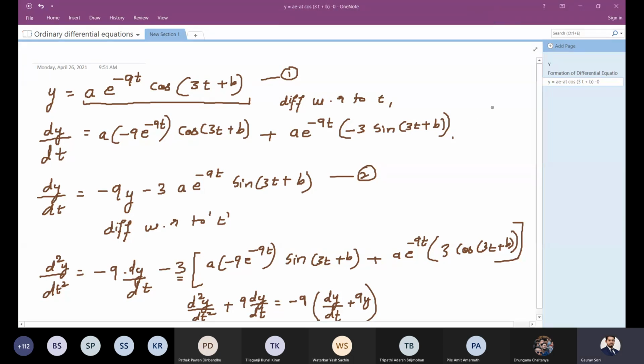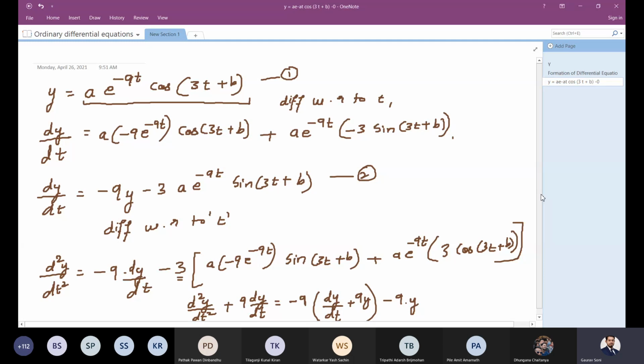Right, Adarsh? Yes, sir. And then opening the bracket and this minus 3 and this 3, that will totally become minus 9, and you have a to the power minus 90 cos of 3t plus b, which is nothing but y.